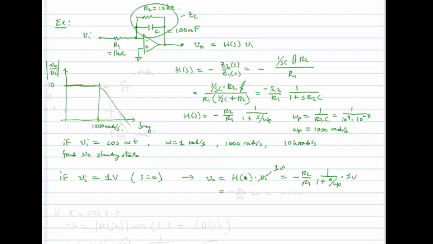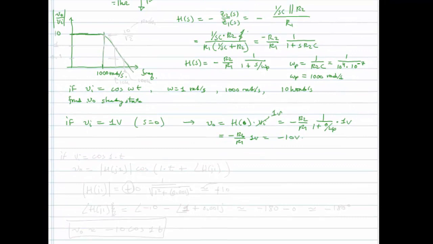And so we end up with minus R2 over R1 times 1 volt, which is equal to minus 10 volts. And we do end up getting our gain of 10. Now, I'd asked for a gain of 10, a magnitude of 10. In this case, we have a minus sign along with it, but our magnitude is 10. So at DC, if you put in a DC value, you're going to get a gain of minus 10.